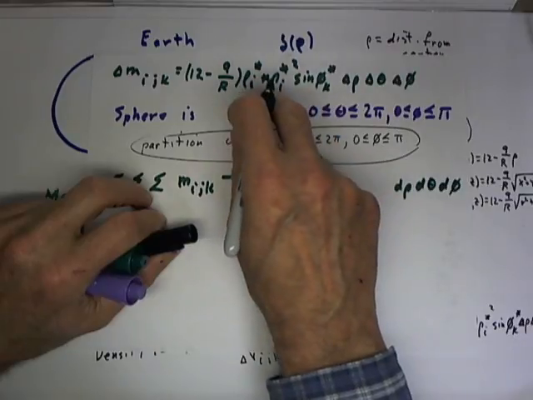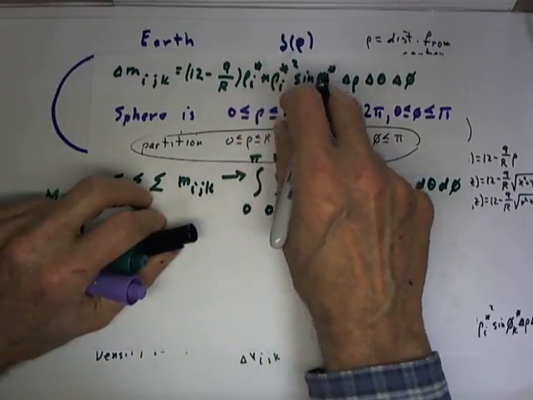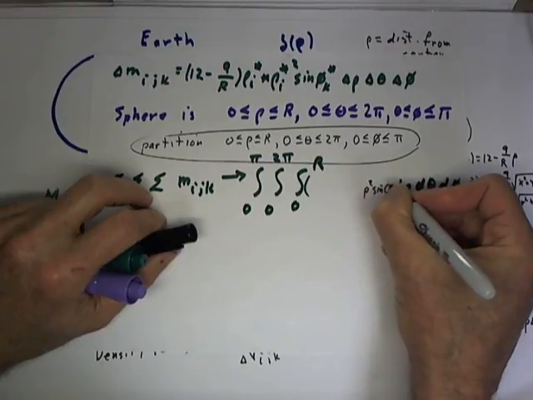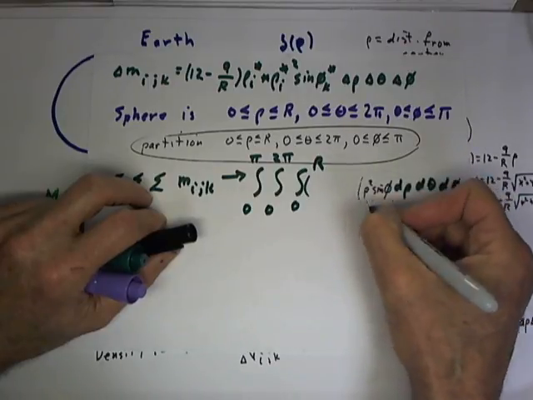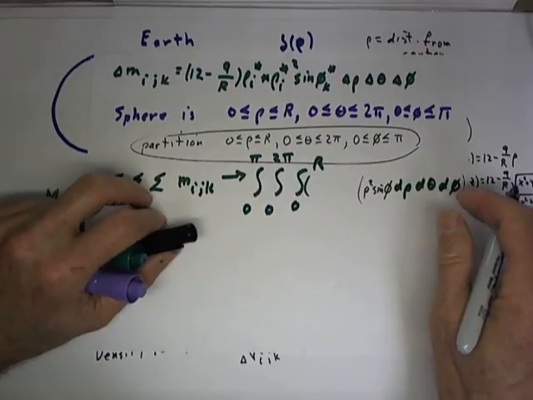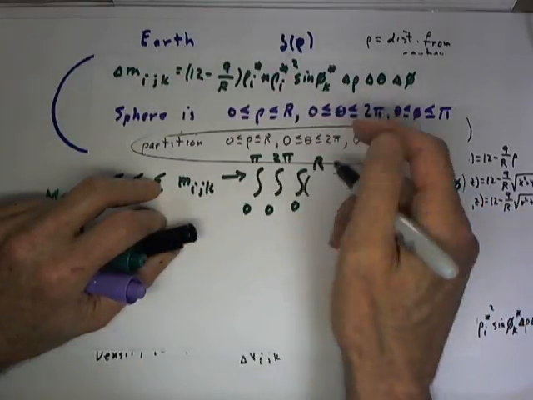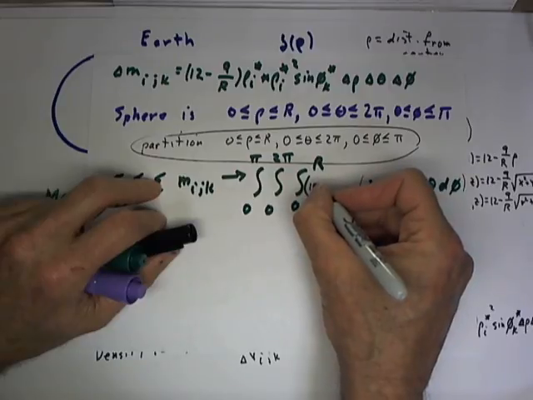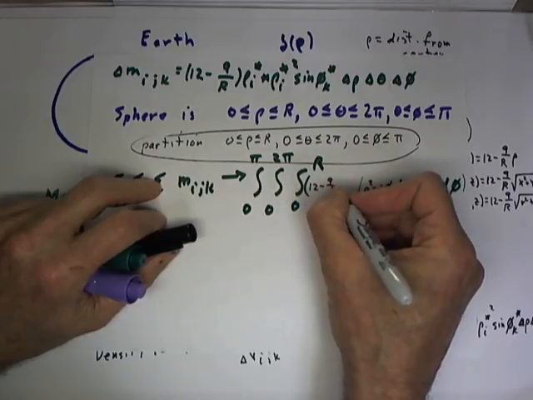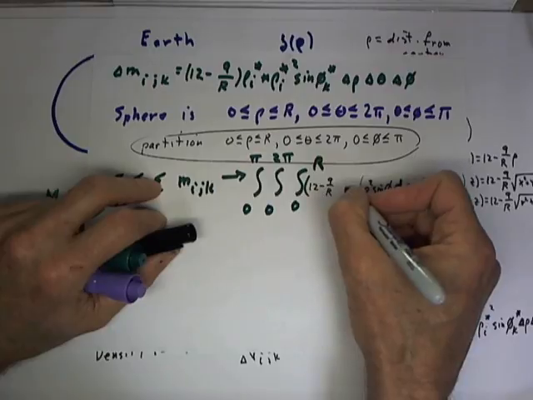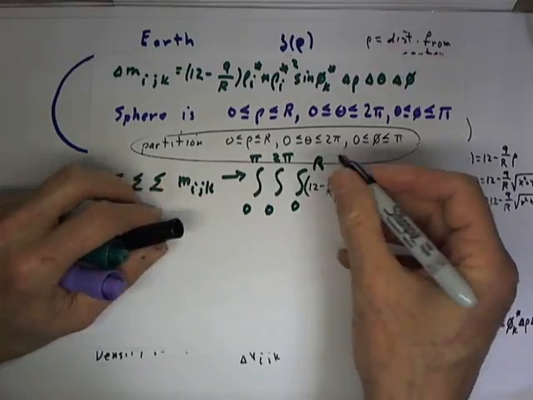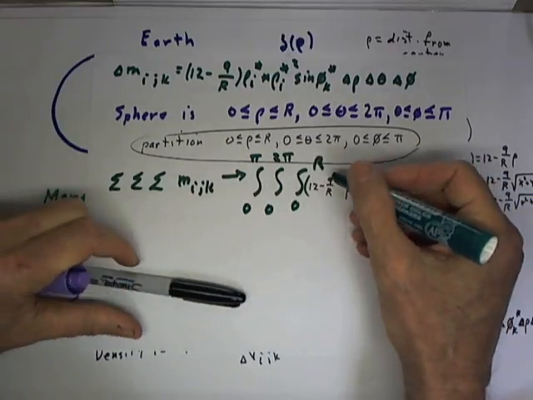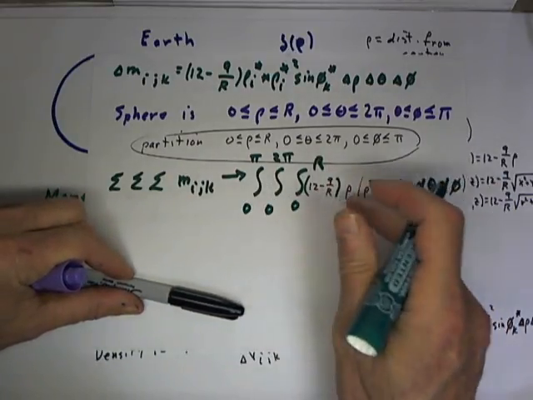So we're going to have a rho squared sine phi that'll complete our volume increment, and then we have our density function, which is 12 minus 9 over r multiplied by rho. I started the parentheses with the green marker, so I'll finish it that way.